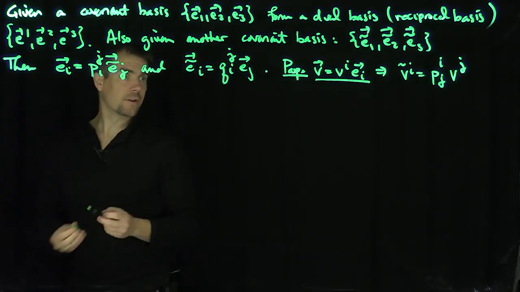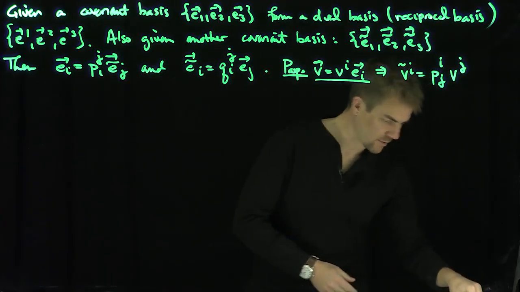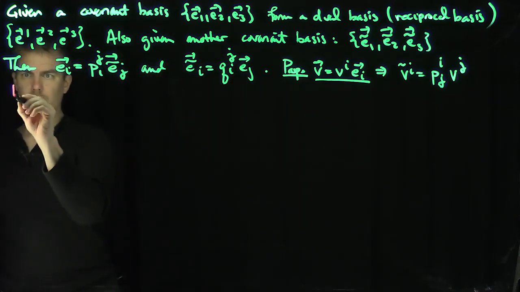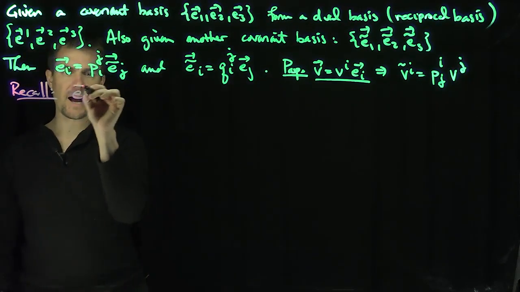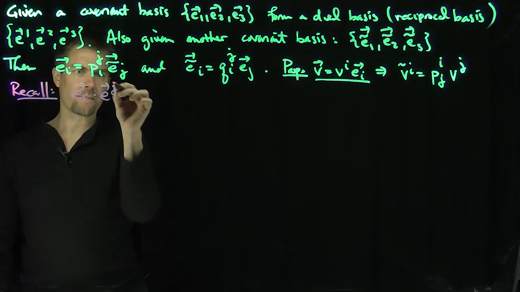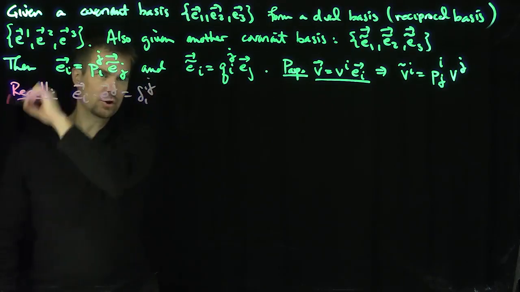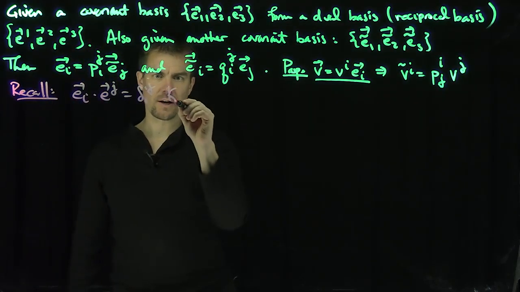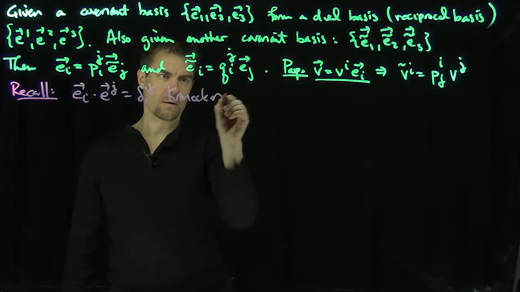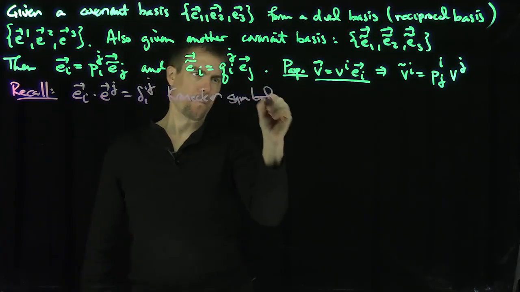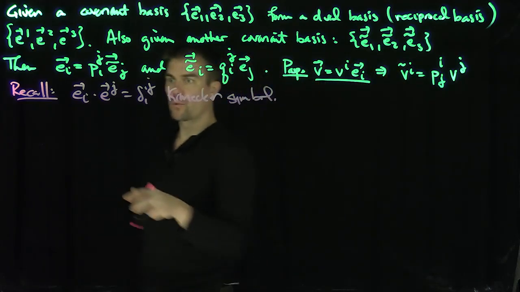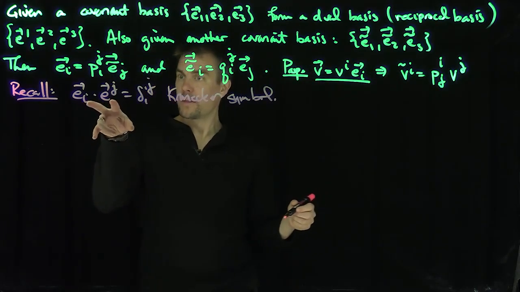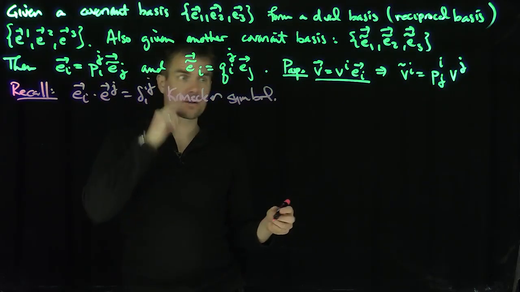So recall that this dual basis is characterized by the following fact: Ei and then Ej upper is delta ij, this Kronecker symbol over here. That's the Kronecker symbol. Okay, excellent. And so now what I want to do is find a rule. I can expand any vector in terms of this contravariant basis, right?